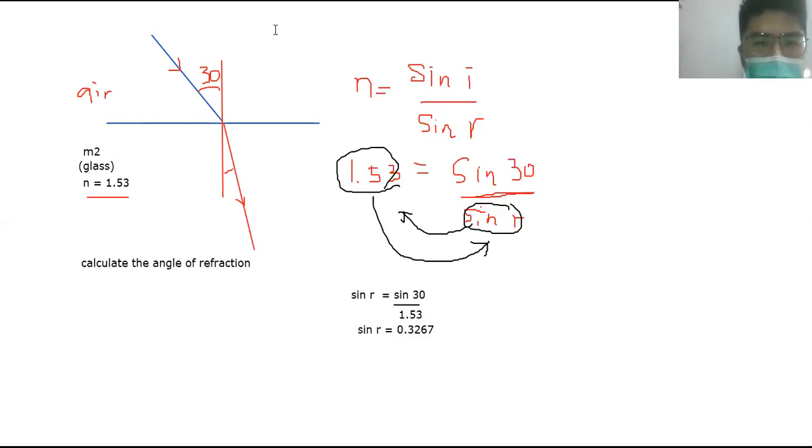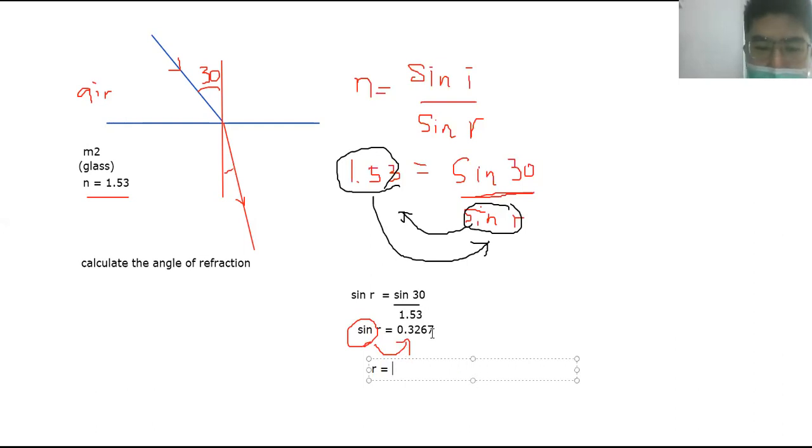So how do you find the angle R? You have to move the sine to the other side. In your mathematics, you learn this. R is still at the left hand side, so here it becomes sine.